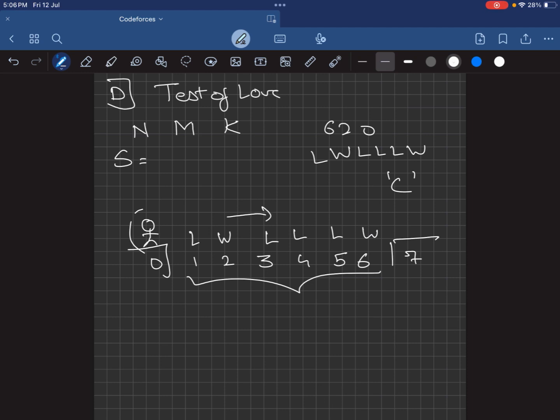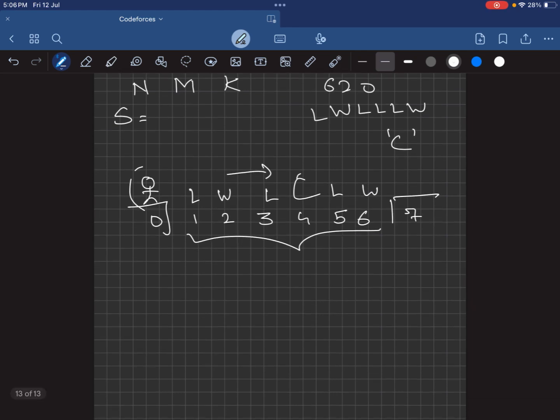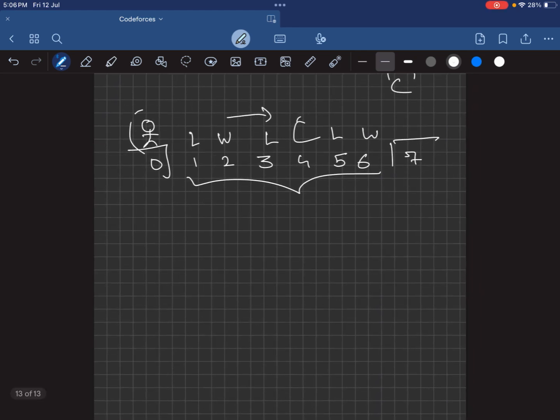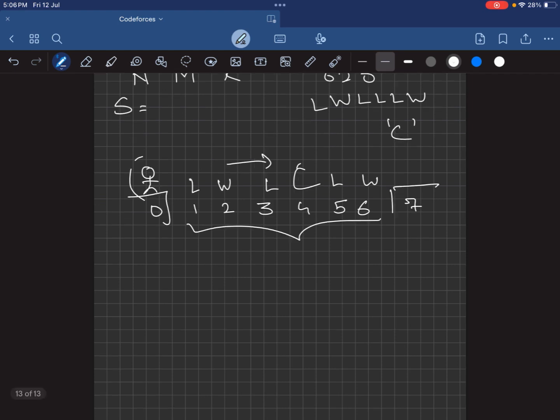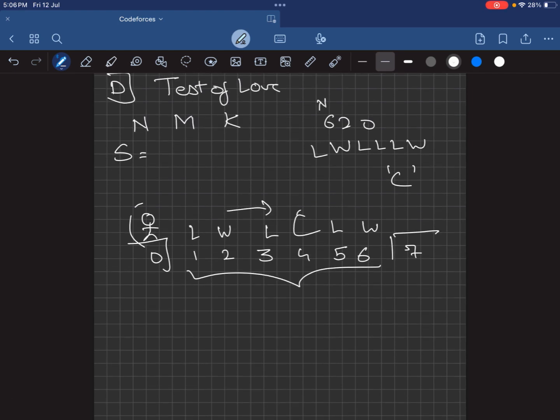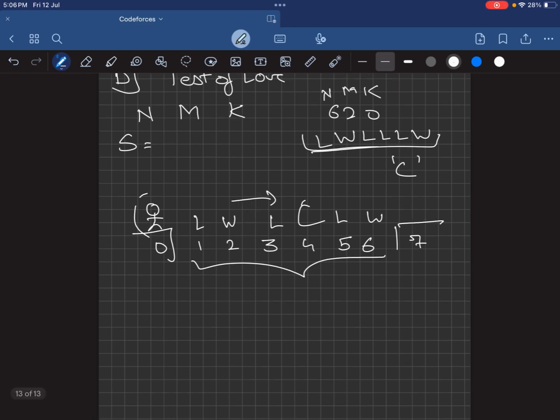And he can never land on a position with a crocodile. So we have to determine whether, given n, m, and k and the state of the river, you can cross the river or not.